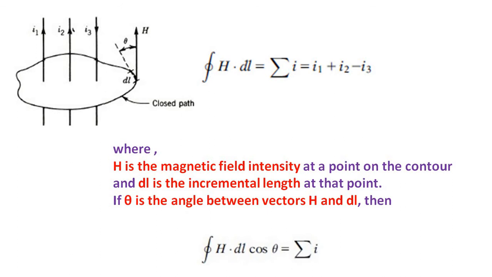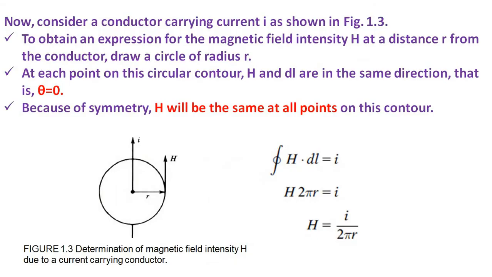If theta is the angle between vectors H and dl, then closed integral H dl cos theta is equal to sigma total current.